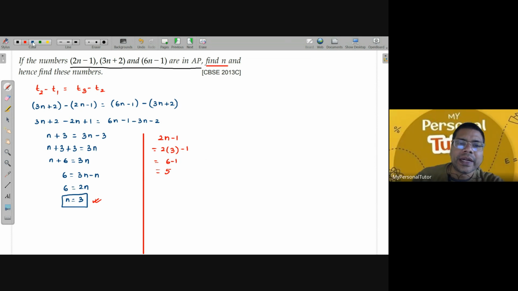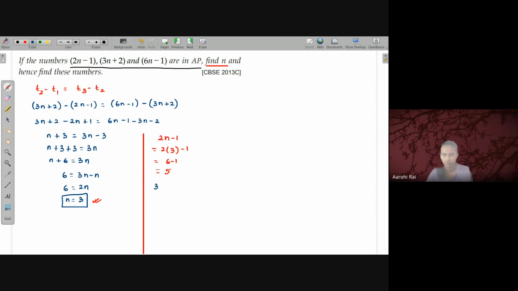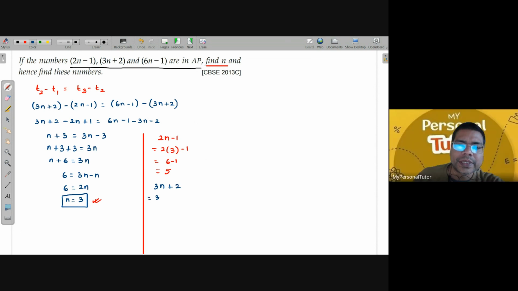Same way, we have to find the value of 3n plus 2. That is 3 times 3 plus 2, that is 9 plus 2, that is 11. Yes or no, Arohi? Yes, sir. And same way, the third term you can find very easily. That is 6n minus 1, that is 6 times 3 minus 1.